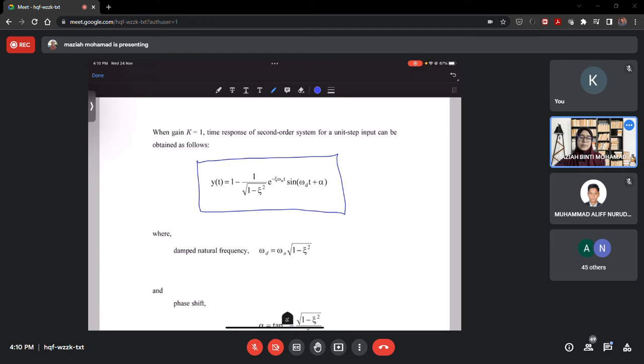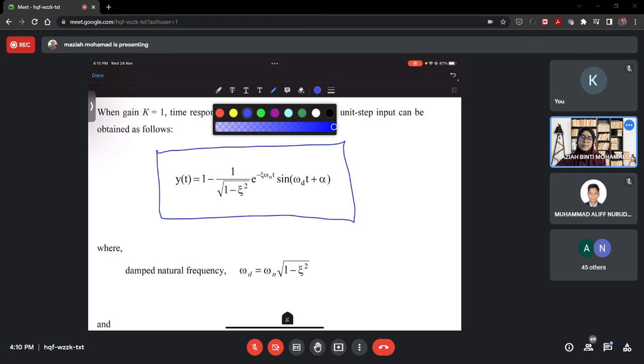Here you can see 1. The 1 is due to unit step input.